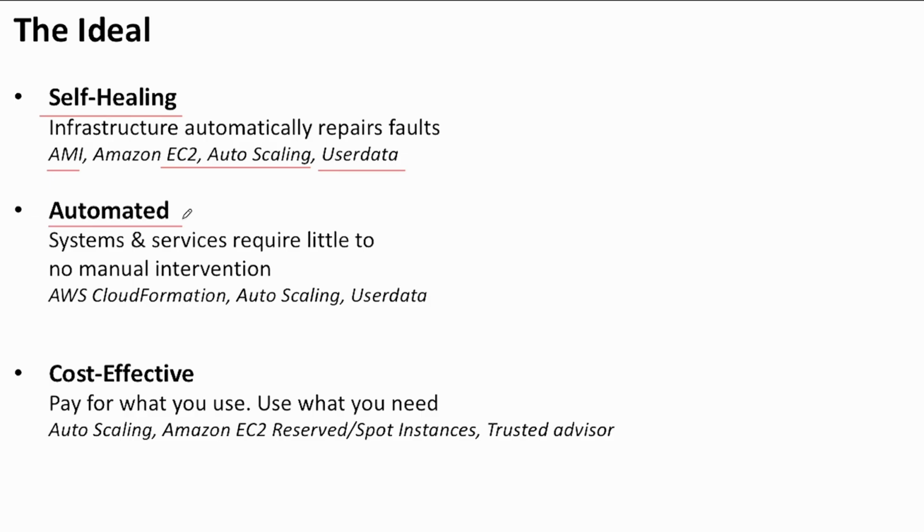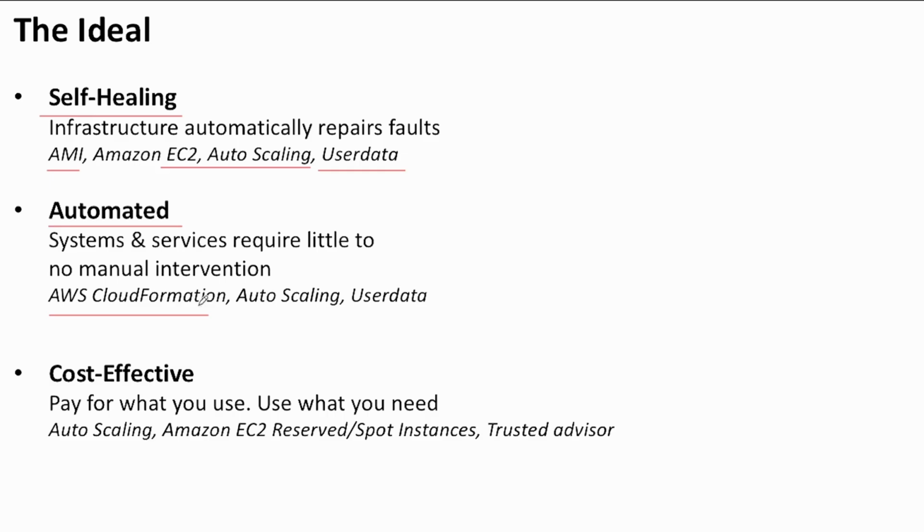We want to leverage tools like AWS CloudFormation and auto-scaling and user data, perhaps Elastic Beanstalk and OpsWorks. We could even leverage Bash scripts or Python scripts or Node.js. The list goes on. The tools that Amazon Web Services gives us to create an automated environment are incredibly rich. There are so many options to choose from, and they make it so easy to create an environment that just does what it needs to do when it needs to do it.